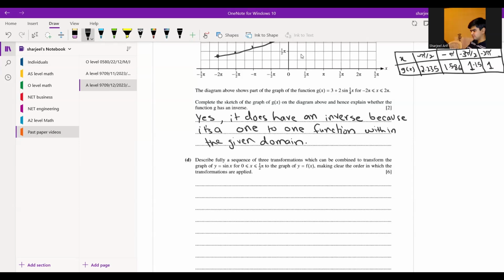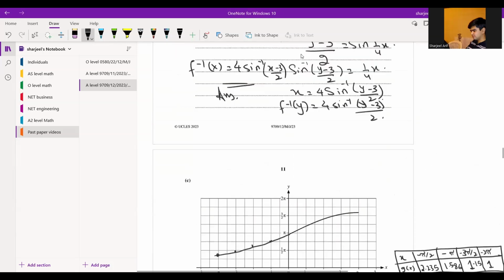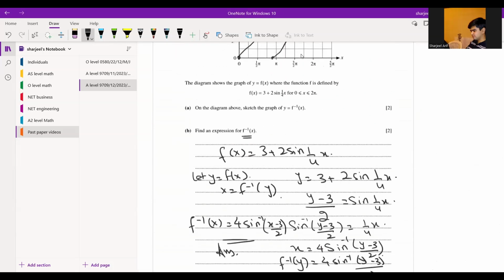Now we have to describe fully a sequence of 3 transformations which can be combined to transform the graph of y equal to sine x to the graph of y equal to f(x). So we are given the graph of sine x, and we have to transform it to f(x) equal to 3 plus 2 sine (1 by 4)x.